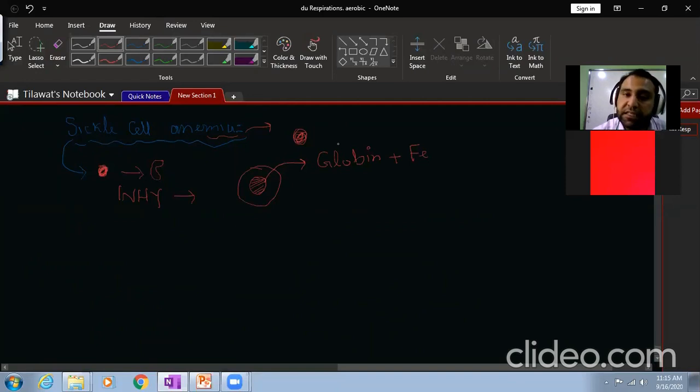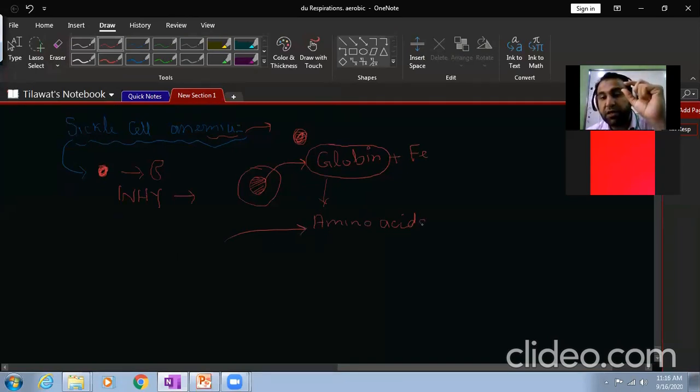Now, if it is protein, then protein contains amino acids, and behind the amino acids, definitely the sequence of those amino acids is coded by DNA.